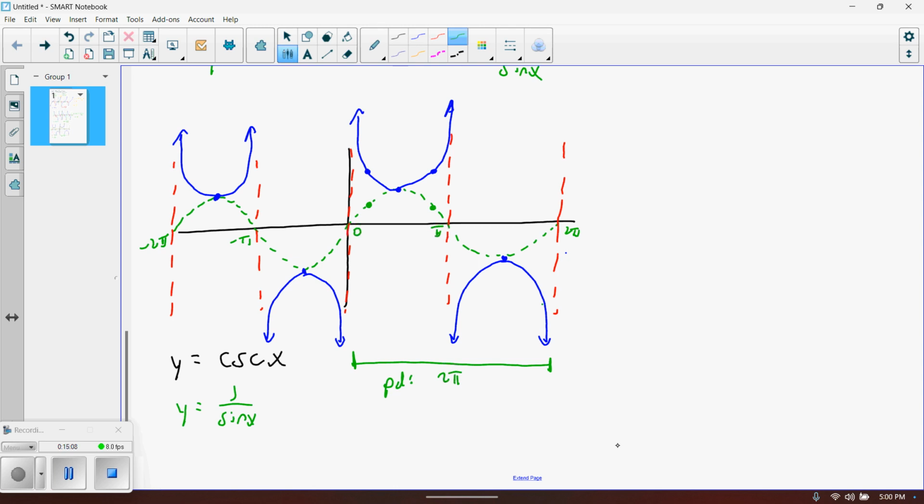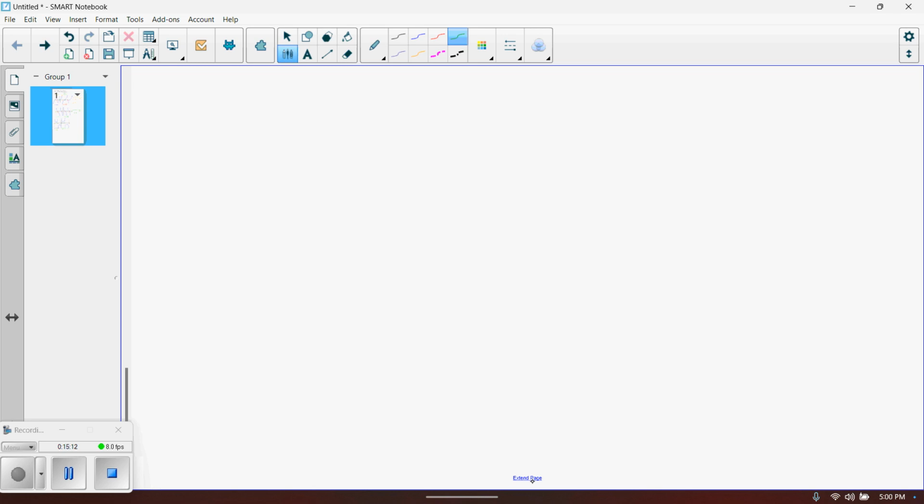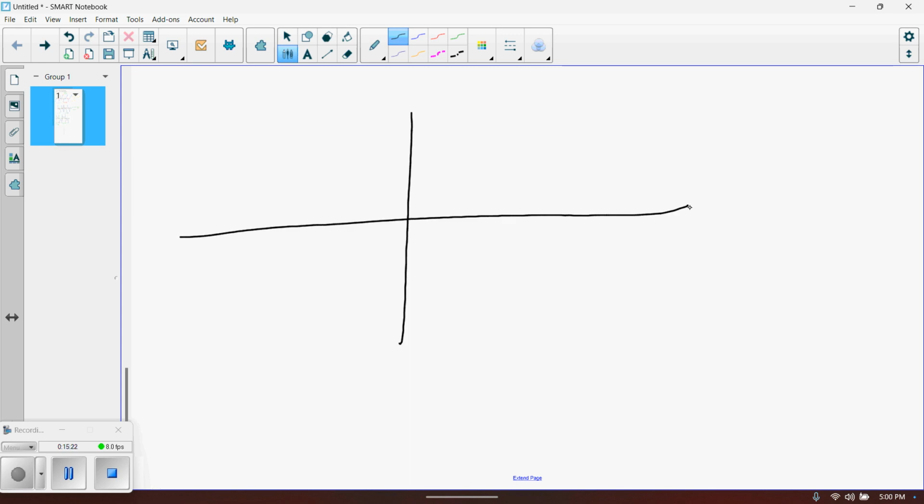All right, and let's take a look at the last one, which is going to be our secant graph. Oops, that's supposed to be black. Nope, still not black. Try again. There we go. And we know that y equals secant of x is the same thing as 1 over cosine of x.